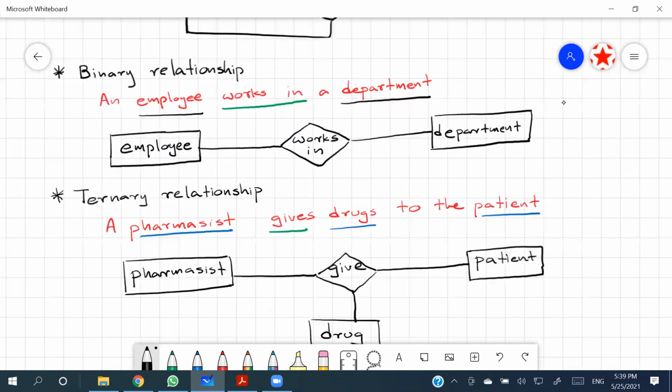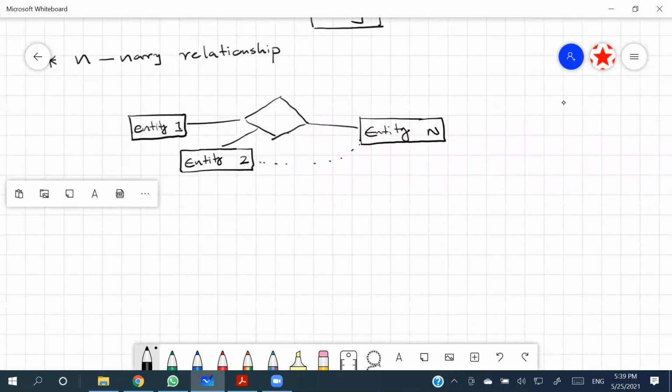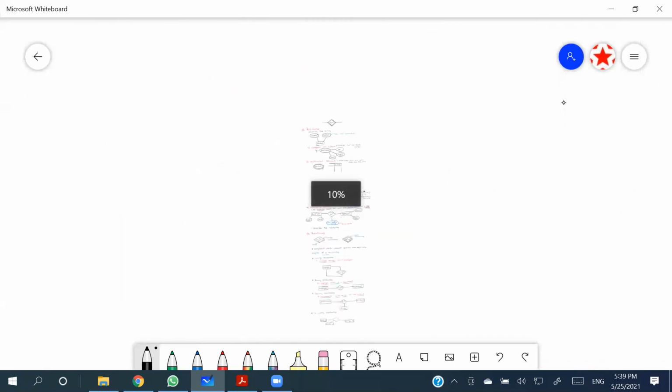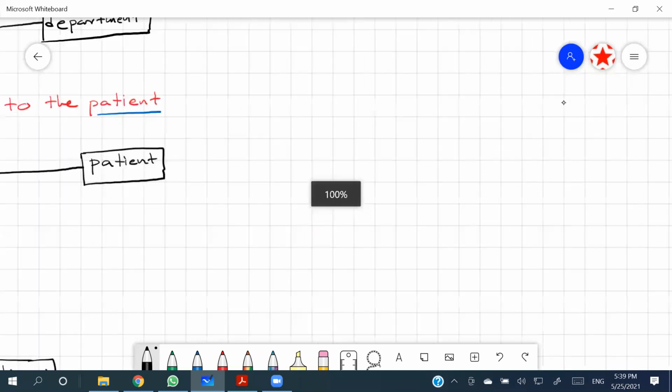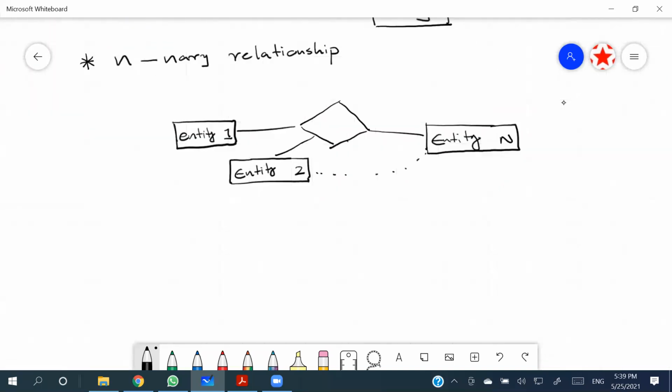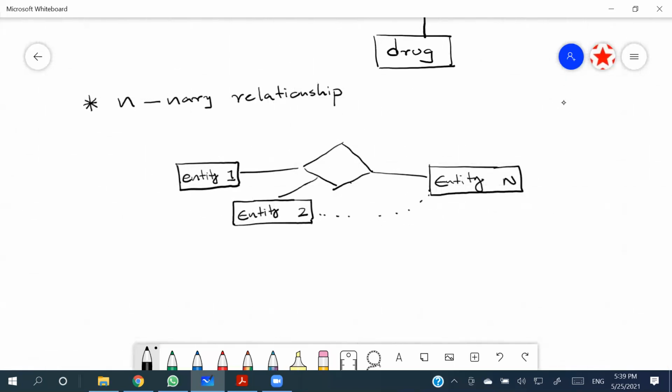The cardinality of the relationship is a very important one, because normally when they ask you to draw a particular ER diagram, what the marking scheme expects is the correct entities, the relationships, how they are connected with the entities, and the cardinality of the relationship. There are 3 types of cardinality: one-to-one, one-to-many, and many-to-many.